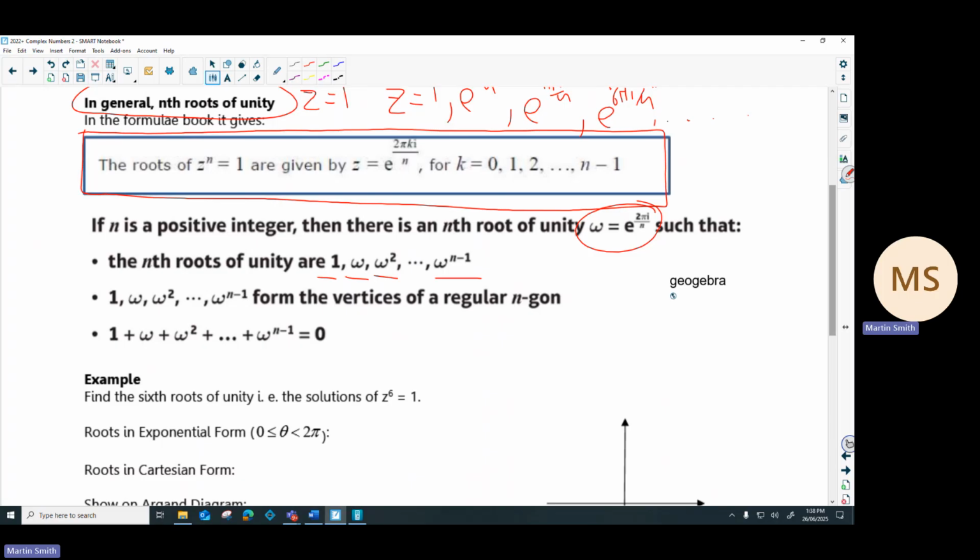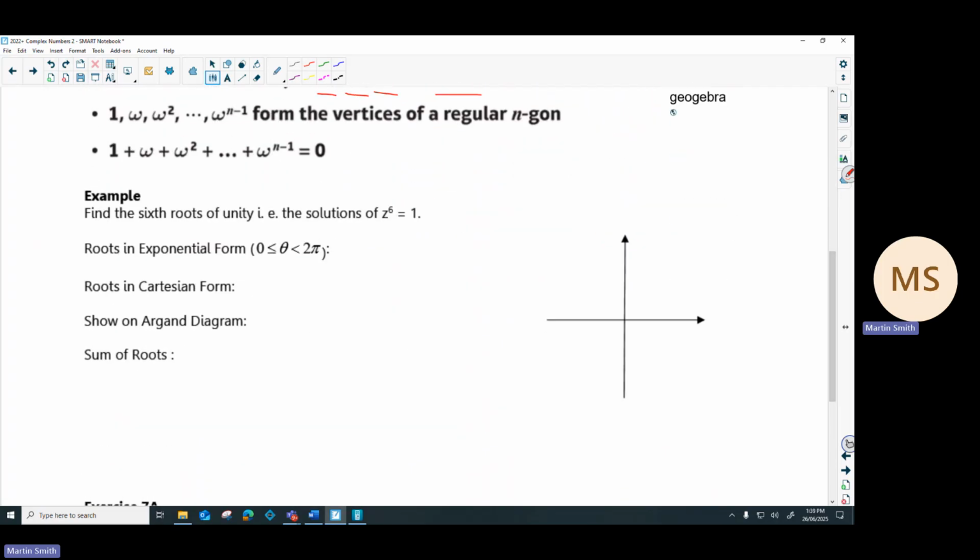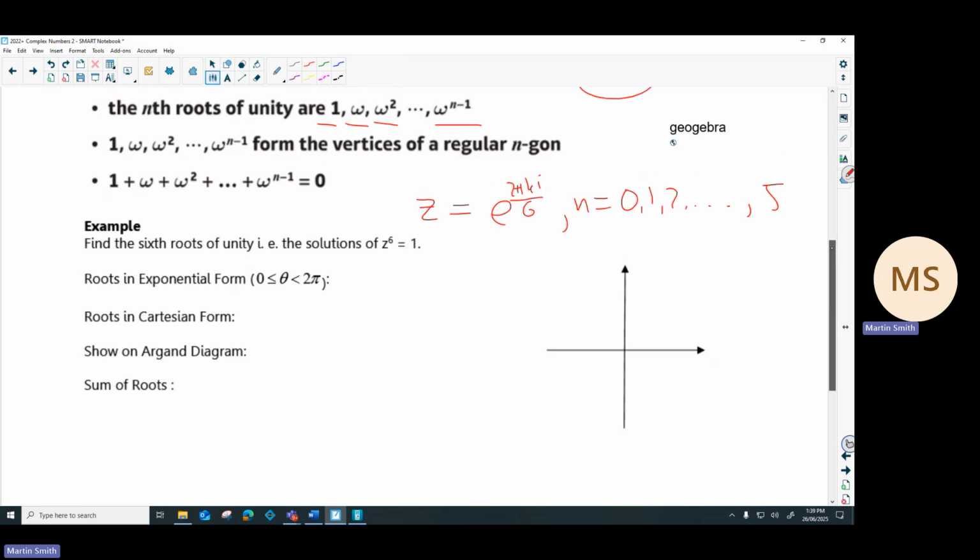So I'm just going to have a go at an example of this and then stop. That's the first part of this lesson done. So find the 6th roots of unity, i.e. the solutions of z to the 6 equals 1. Well, I know that the solutions are going to be z is e to the 2 pi k i over 6, because n is 6, where k is equal to 0, 1, 2, all the way up to 5.